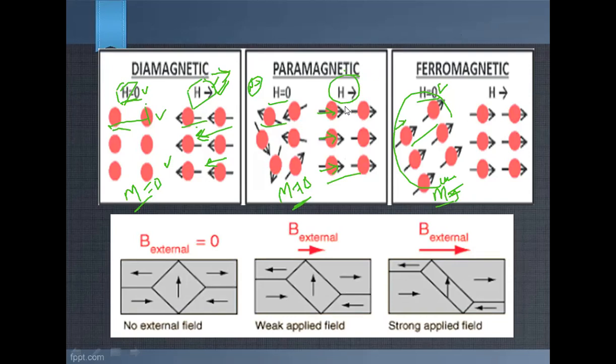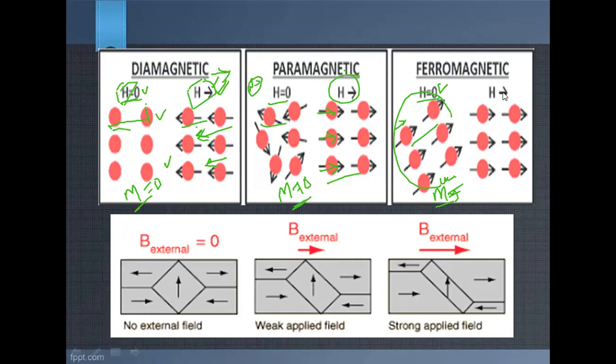There's not a big difference between para and ferromagnetic material, but there is a strong attraction towards the magnetic field. So from here I would conclude that diamagnetic material in the presence of a magnetic field does not move towards the field direction, whereas paramagnetic and ferromagnetic material move towards the field direction.